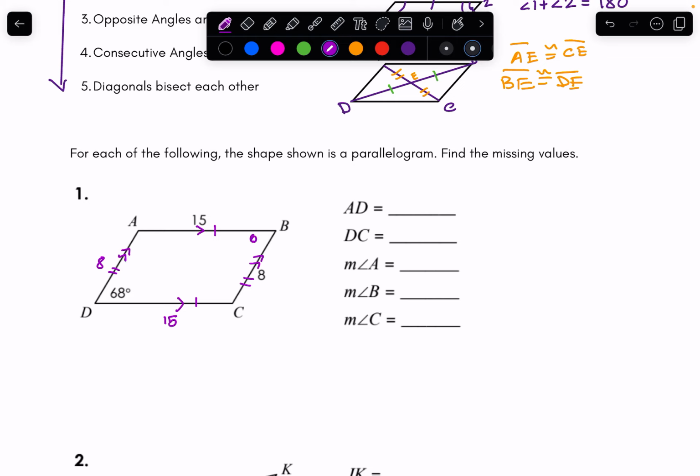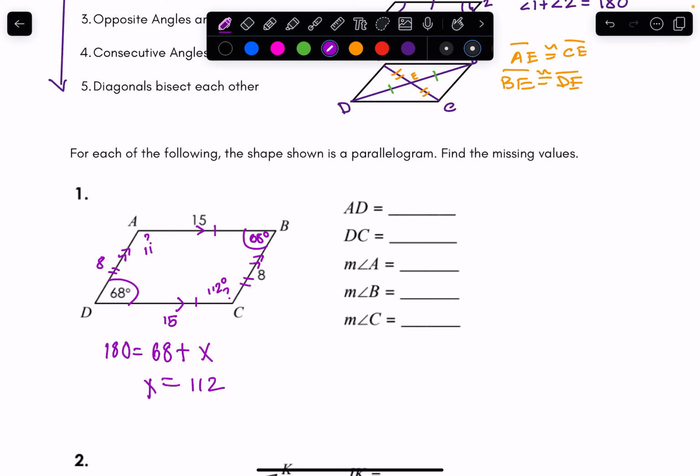Opposite angles are the same. So now the only thing I have to figure out is what my last set of missing angles would be. Well, I know that consecutive angles have to add up to 180. So you're going to solve. And when you solve, you get 112 as your missing angles.